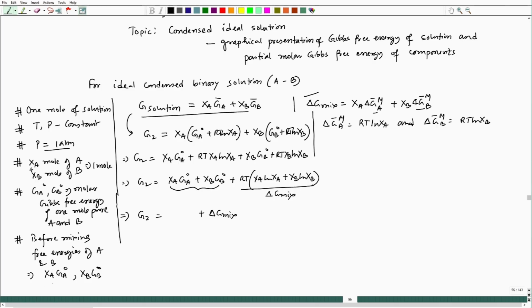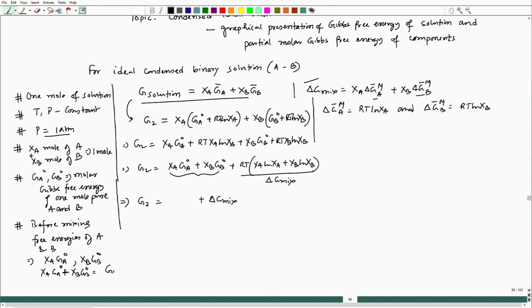If we add them together, it is basically nothing but the Gibbs free energy before mixing, or we can say the unmixed condition.